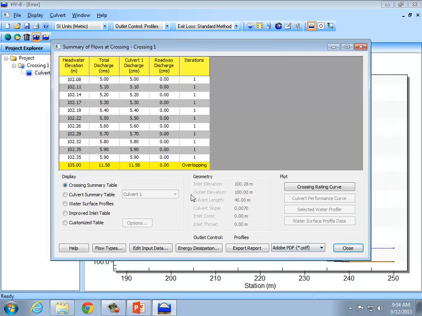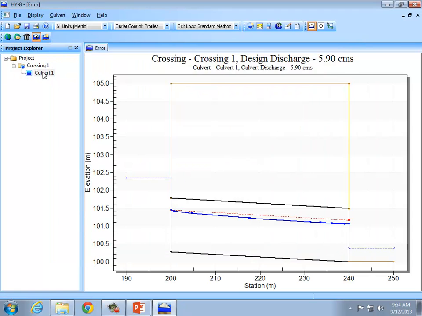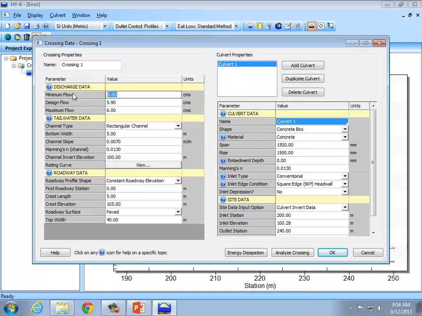So analyze crossing, and you see from 5 up to 5.9, and it looks like the 2.28 is between discharge of 5.6 and 5.7. And so let's get crazy about it. Let's do from 5.6 to 5.7. Okay, double click here. 5.6 to 5.7.